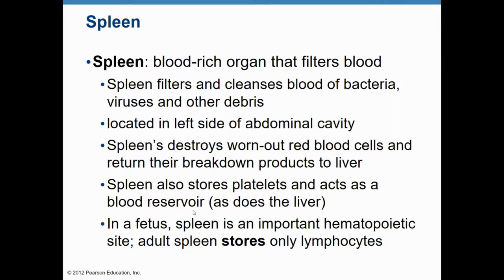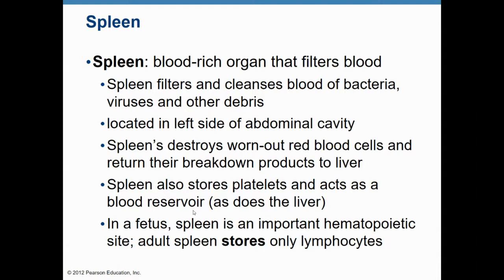The spleen also acts as a storage site for platelets, and it's also going to function as a blood reservoir. Your liver acts as a blood reservoir also, where you can hold not really extra blood, but some of the blood. In a fetus, the spleen is the only important hematopoietic site.